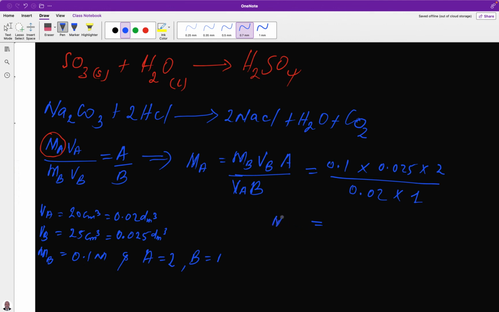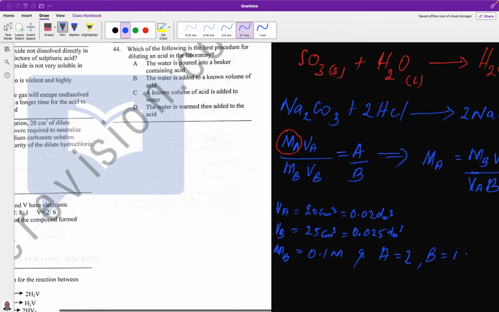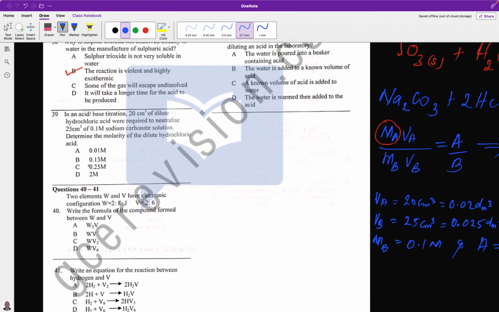The molarity of our acid will be 0.25 molar hydrochloric acid. We go to our answer column, 0.25. That is question number 39. Our answer here is C. C is the right answer.